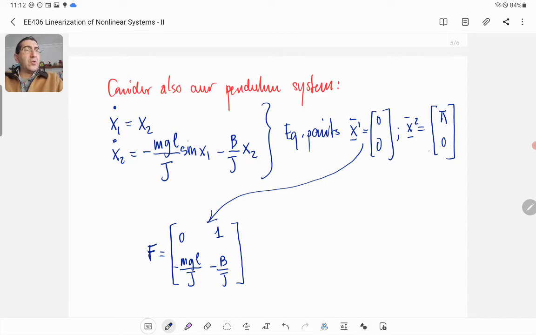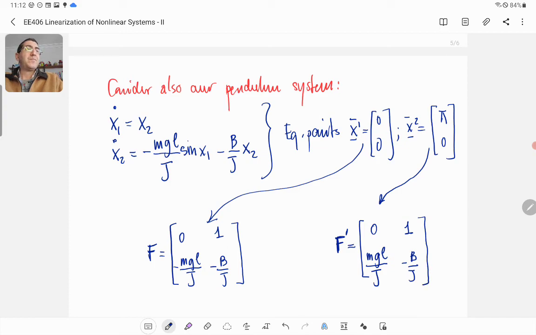But you can also evaluate the same matrix at the second equilibrium point, and this will give you another f, a different linear approximation. Let's call this f prime. Please verify this yourself: you will have 0, 1, plus mgl over j, minus b over j.